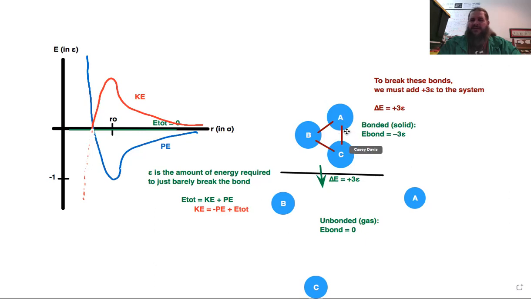You could think of this as each bond has a negative amount of energy, specifically negative epsilon. So this bond has energy negative epsilon, this bond has energy negative epsilon, this bond has energy negative epsilon. If you want to break the bonds, you have to add 3 epsilon to destroy those negative amounts of energy. Or if you want to make it bonded, if you want to condense the gas into a solid, how do you create these bonds?